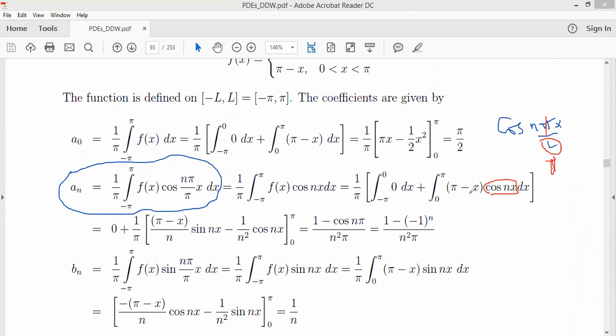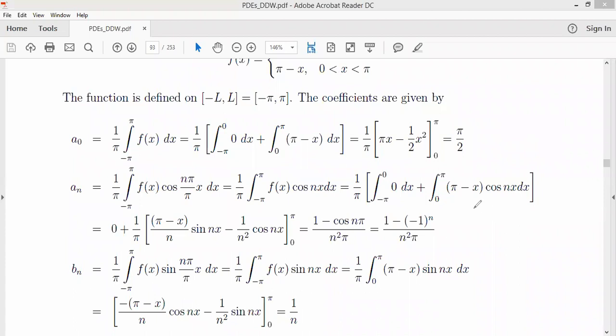Once you have this integral, this is where the real work is. Once I illustrate it for this one, I don't have to illustrate it for Bn because it will be the obvious thing. By obvious, I mean it will be a replica of what we'll have done under An. So here, the real secret is on integrating this part in red.